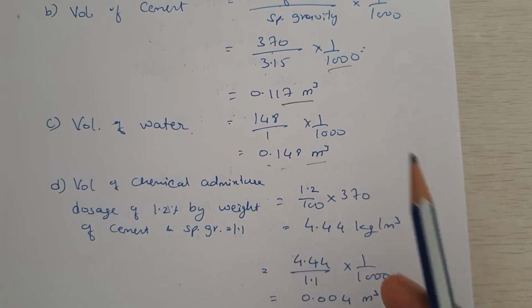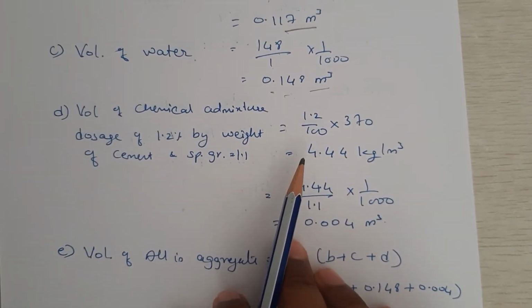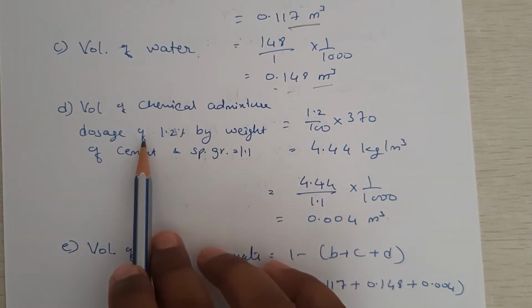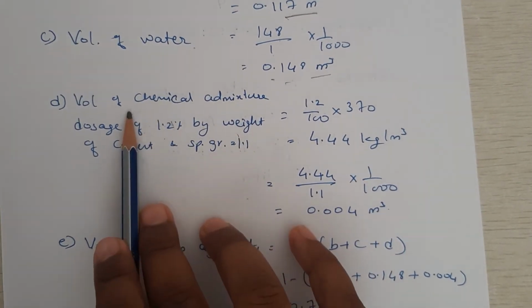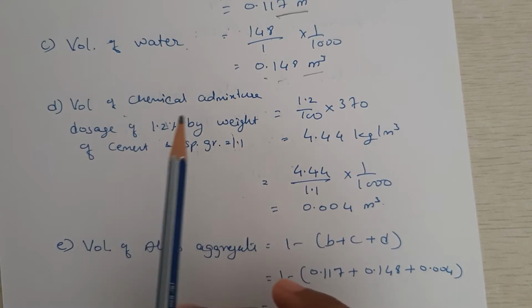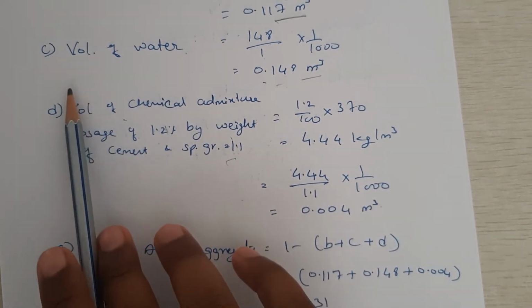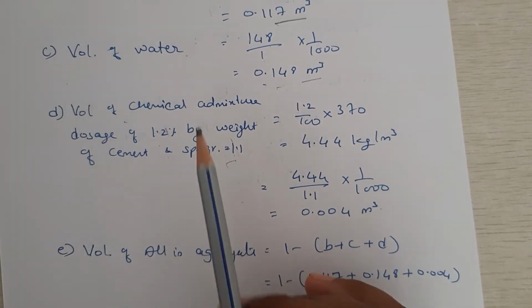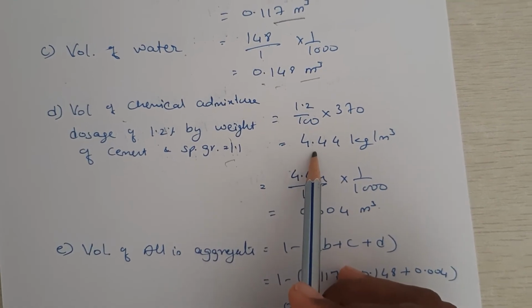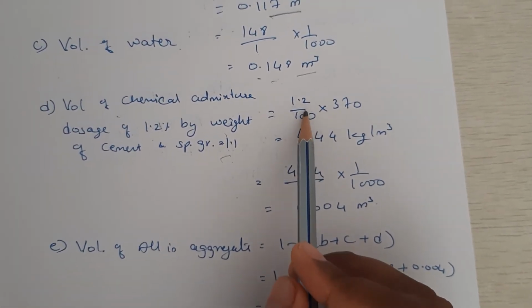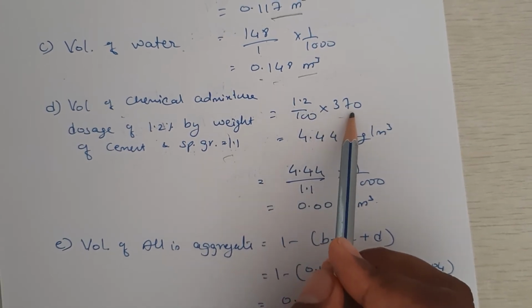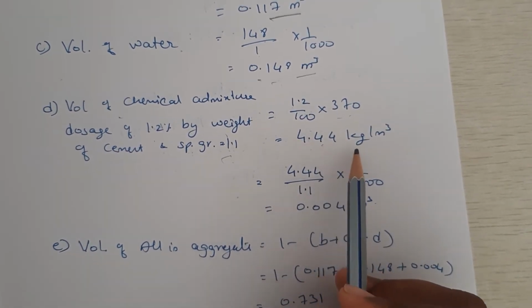Along with this, we are adding the chemical admixture at a dosage of 1.2% by weight of the cement, right? Its specific gravity will be 1.1. First we have to calculate the amount of chemical admixture to be added. Here 1.2% of 370 kg becomes 4.44 kg per meter cube.